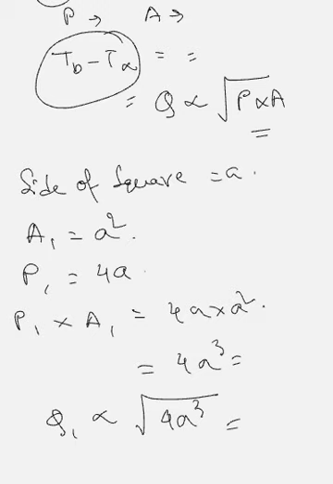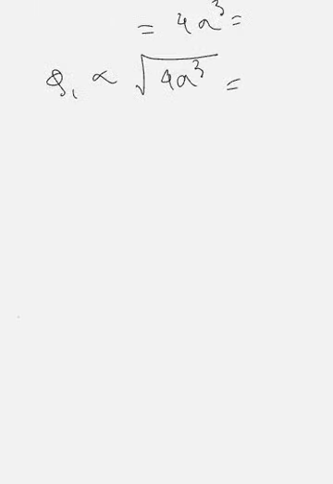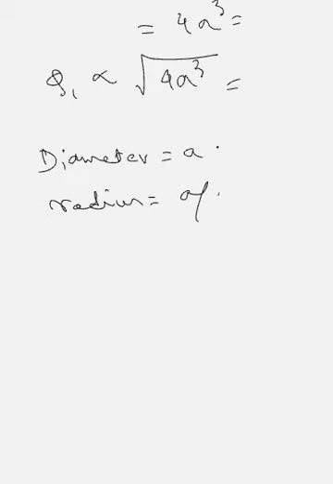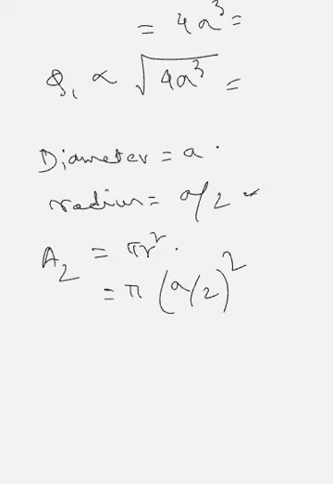Now consider the circular fin. So the diameter is a. So the radius will be what? Radius will be a by 2. Now the area of the circle A2 is pi r square, that is equal to pi into (a by 2) whole square, that is pi a square by 4. Now the perimeter P2 is what? Pi into d, that is pi a.